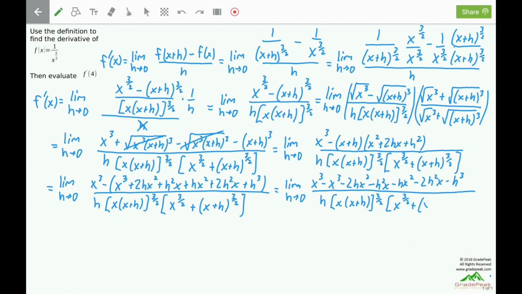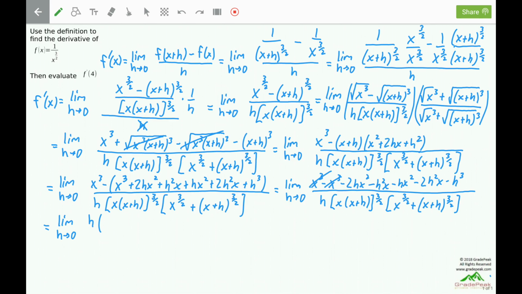Now at this point in the numerator, any terms that do not have an h in them should cancel. I have an x cubed and a negative x cubed. Those can cancel out. The remaining terms all have an h in them, and that h can factor. And that's going to be our next step, to factor that h out.